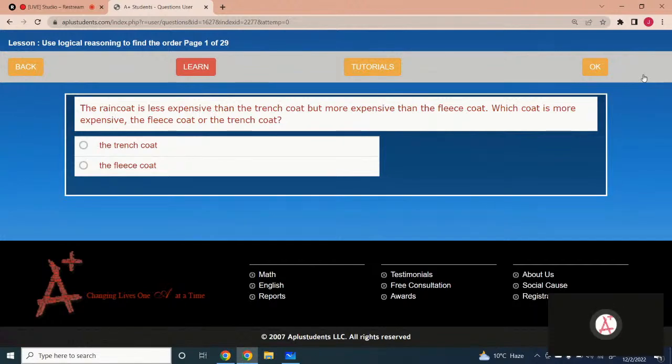Okay, the raincoat is less expensive than the trench coat but more expensive than the fleece coat. Which coat is more expensive, the fleece coat or the trench coat? Okay, let me write it down on board.